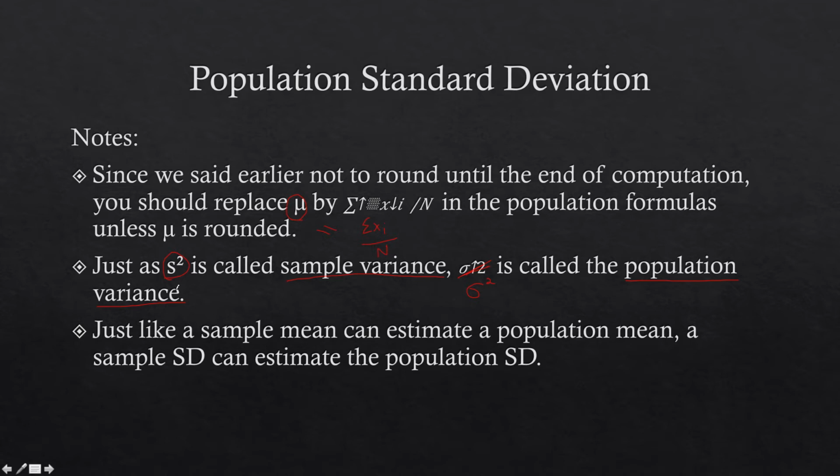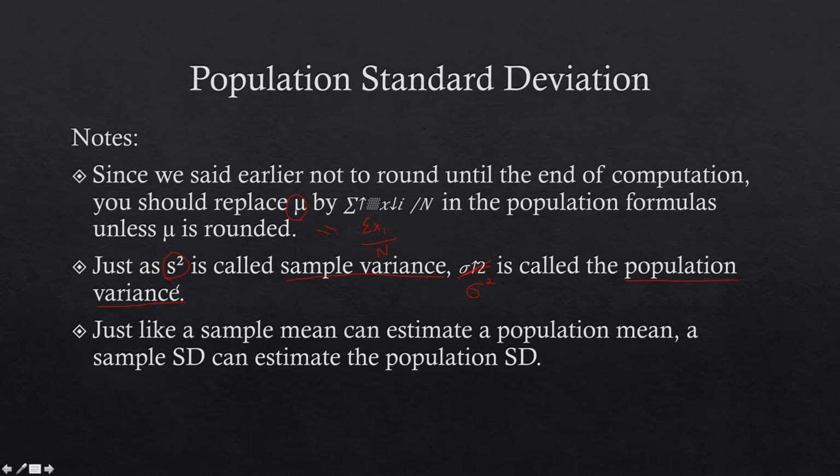It's when you punch the mean out in your calculator and you actually have to round that you want to replace, because you don't want to do any rounding until the very end. And we'll talk more about variance a little later, okay? We won't get into it much in this class, but just know that the standard deviation squared is the sample variance and sigma squared is the population variance, okay?